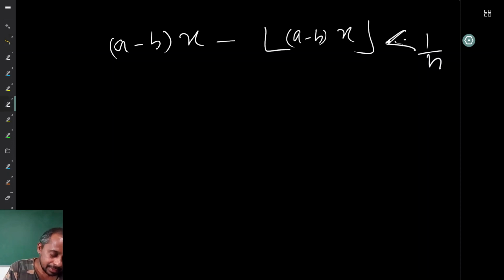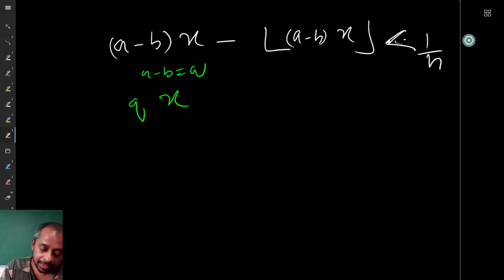Now things are easy. I am going to put a minus b as q. So q into x, because a minus b is going to be between 1 and n, because the numbers are from 1 to n plus 1. So a minus b is equal to q, and the integer part of (a minus b) into x, whatever it is, I call p. It's an integer part, so that's an integer. So absolute value of qx minus p is less than 1 by n.